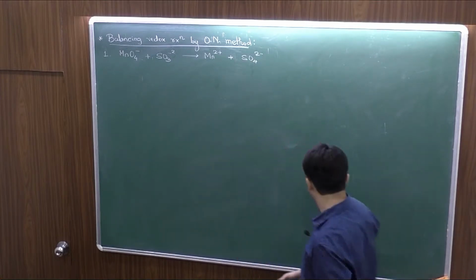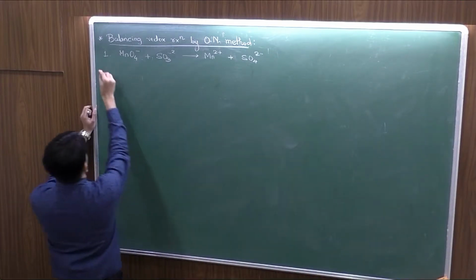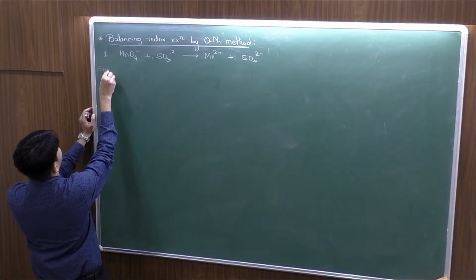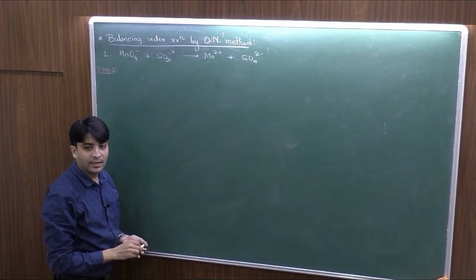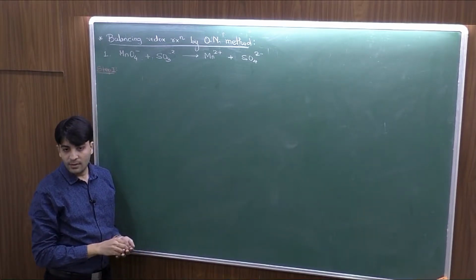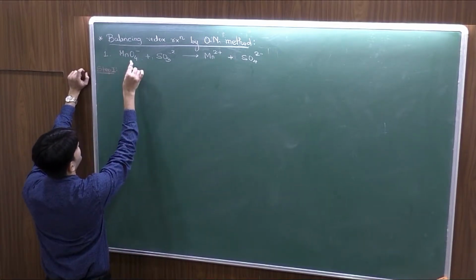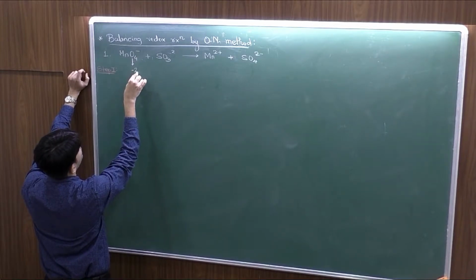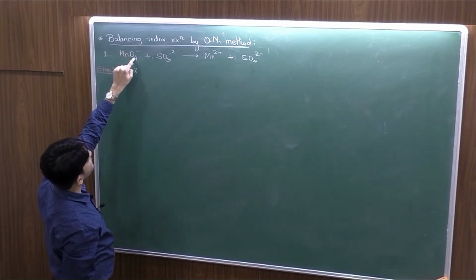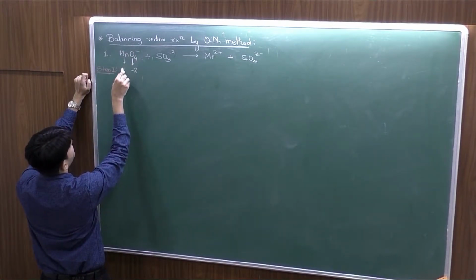To balance this reaction, the steps to be followed. Step 1. Identify the oxidation number of all the atoms in the given redox reaction. All the atoms. So in case of MnO4 minus, I know the oxidation number of oxygen as -2. So I'll calculate x minus 8 equal to -1. So x comes out to be +7.